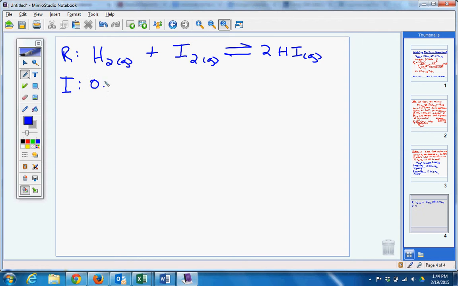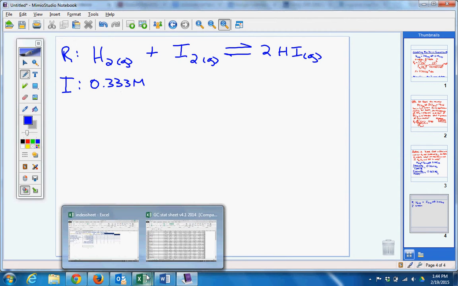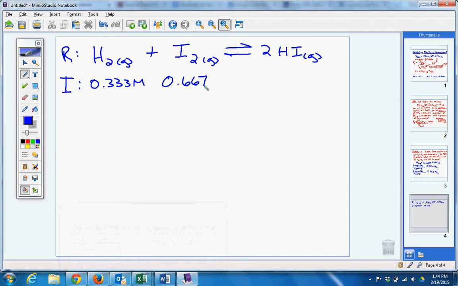What do I have for I2? What do I have for HI? 0. It's not X. I'll put 0 molar just because I can.